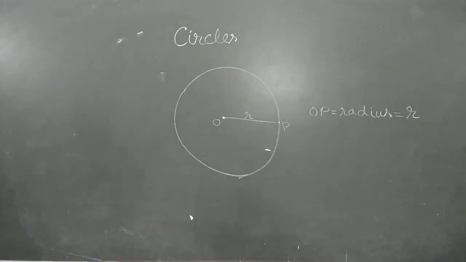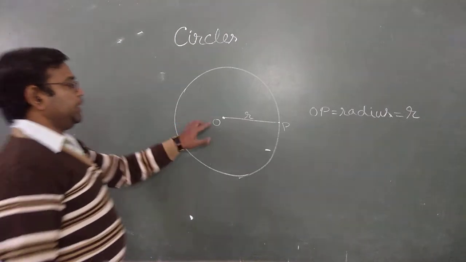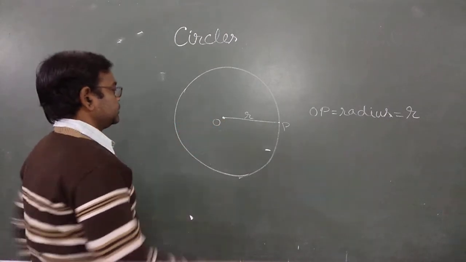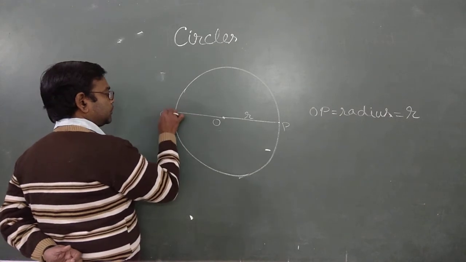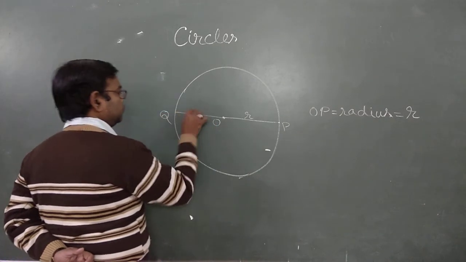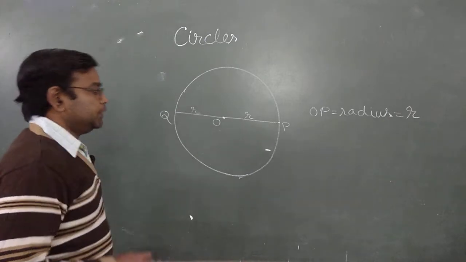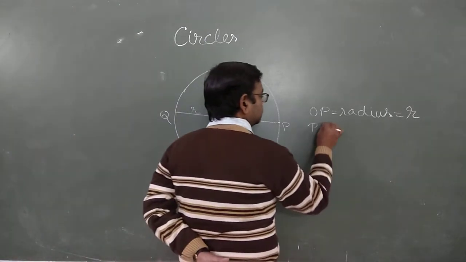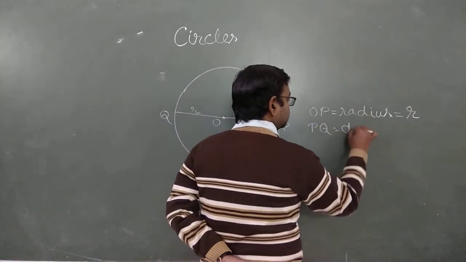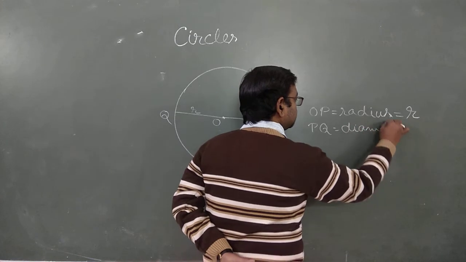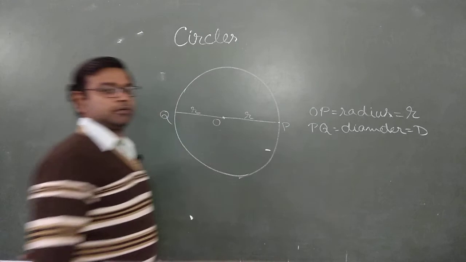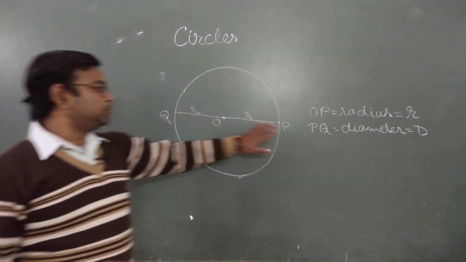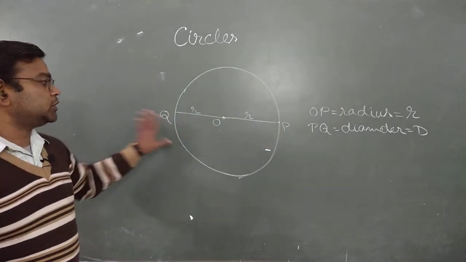Then if we extend this radius to this side, this one is also a radius. OP and OQ both are radii, but PQ is your diameter, represented by D, and this diameter PQ is just double the radius.